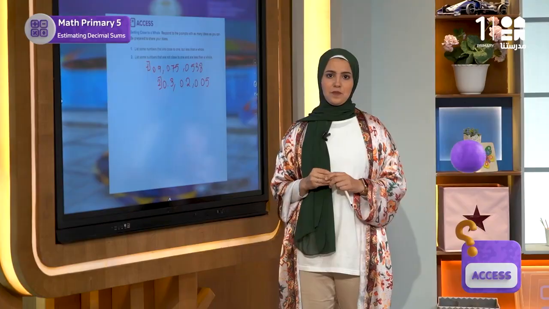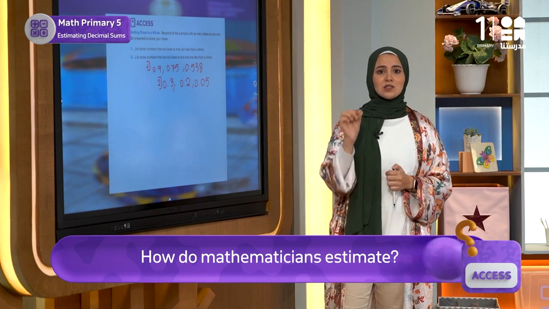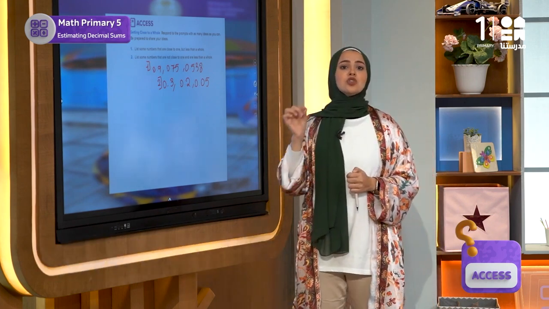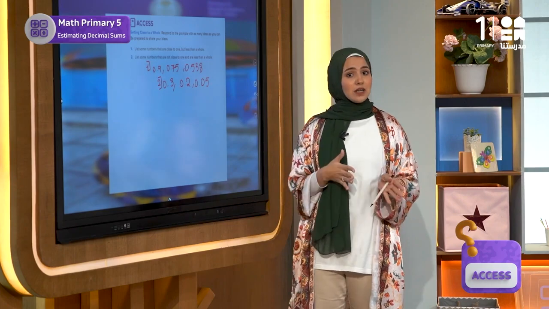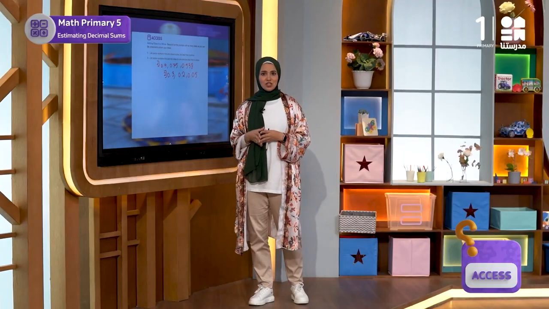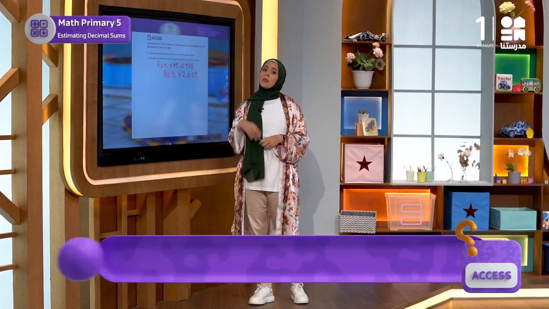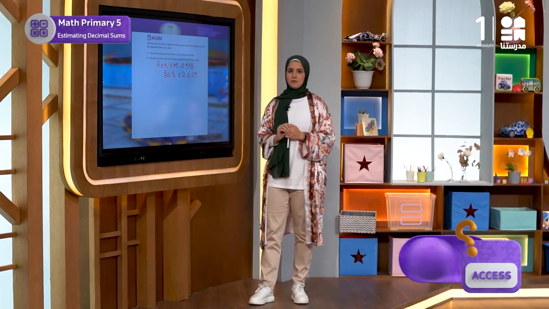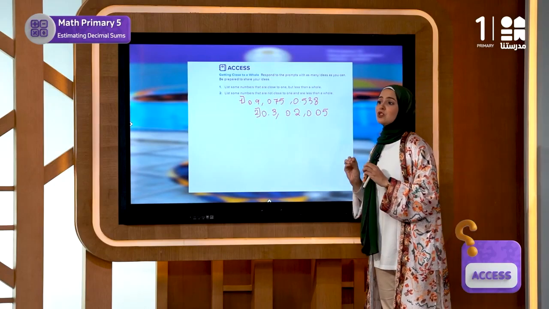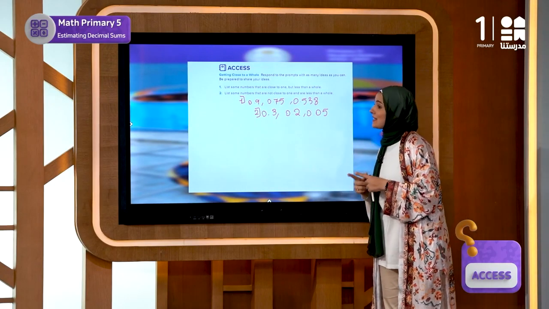There are many methods that mathematicians use to estimate a number or an answer to a mathematical operation, like rounding, front-end estimation, and using benchmark numbers. That's how we know why sometimes we need to estimate decimal numbers. That's to be able to connect to our thoughts and deal with numbers easily.